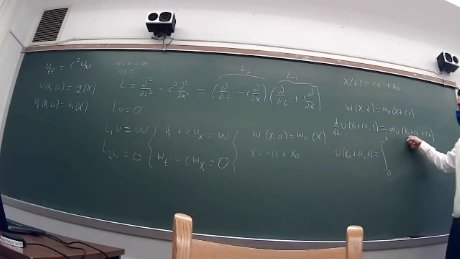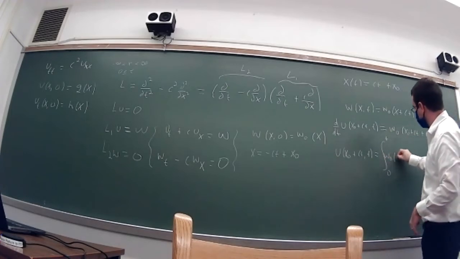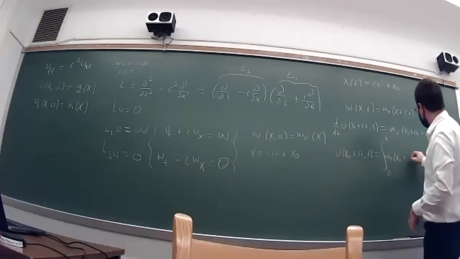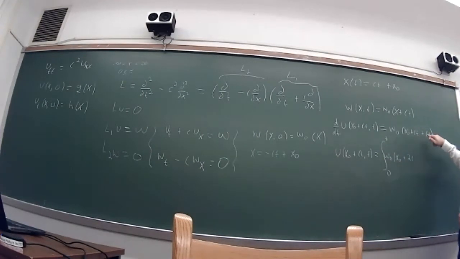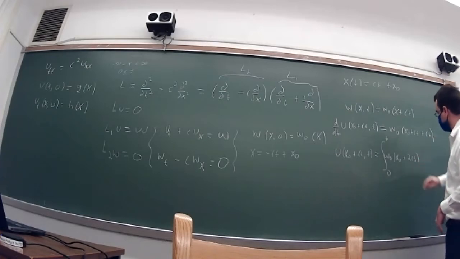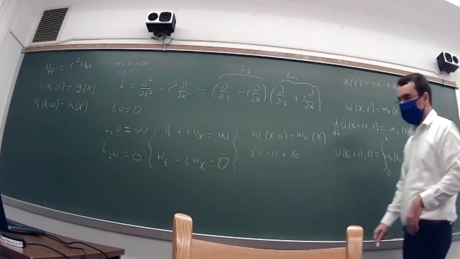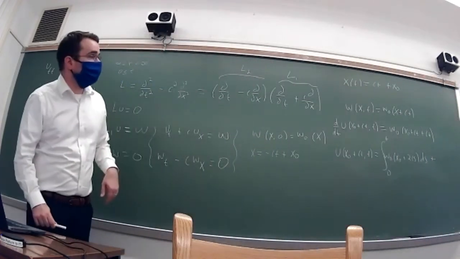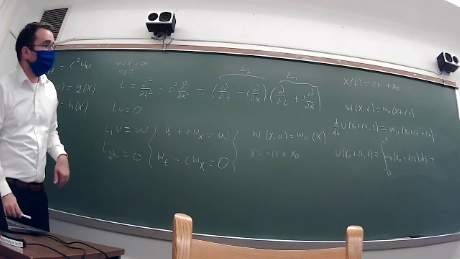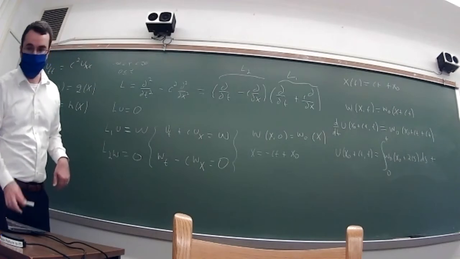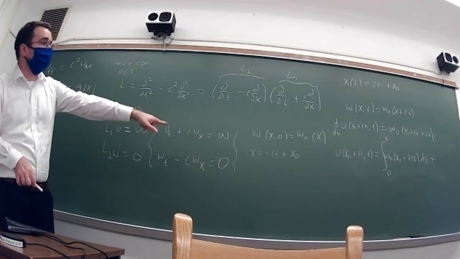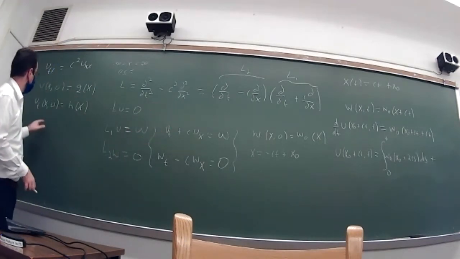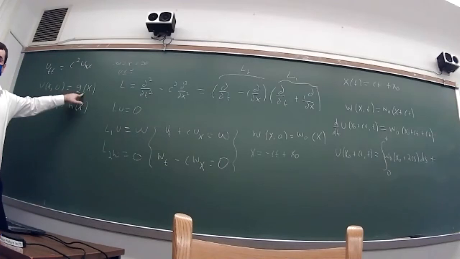I should integrate this from 0 to t. But my variable changes maybe like this. And then I have to add to it the value at t equals 0 to get the constant to be correct. So the value at t equals 0 is u of x naught, 0, which is g of x naught.